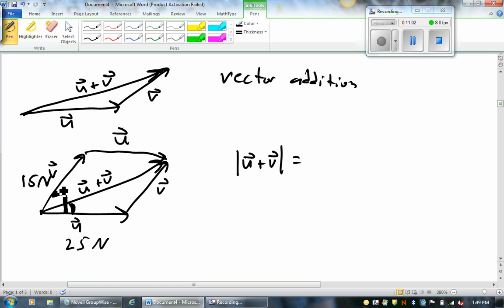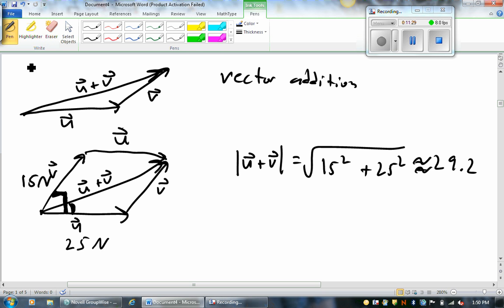So if we have a right triangle here, we can use the Pythagorean theorem to find that resultant, the hypotenuse, and that's just going to be 15 squared plus 25 squared, and take the square root. And we're going to get approximately 29.2.